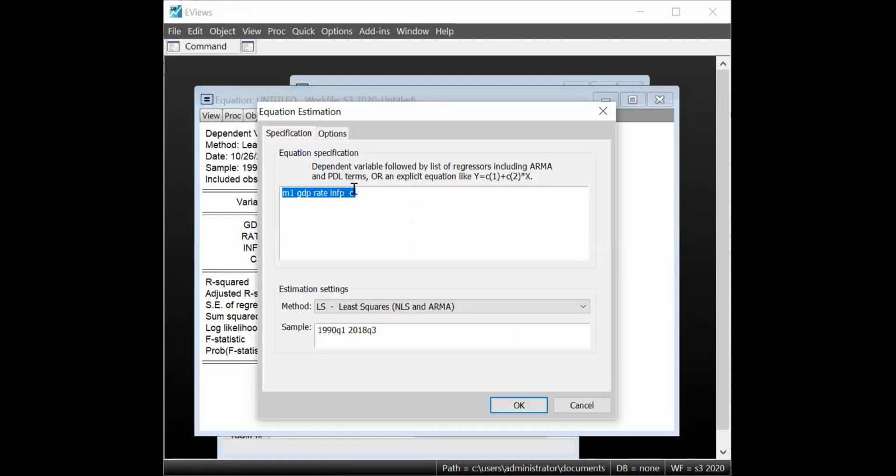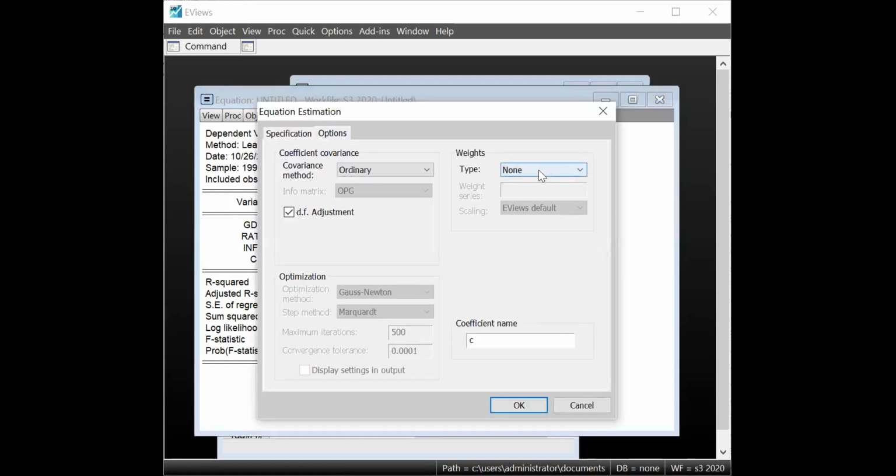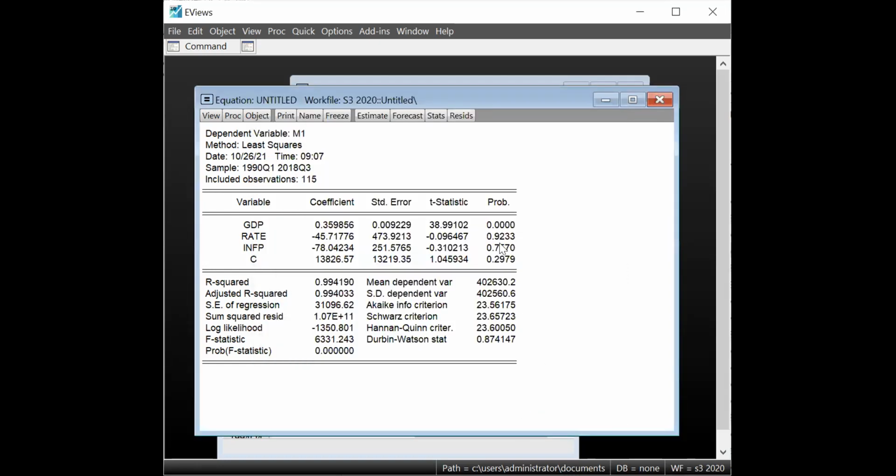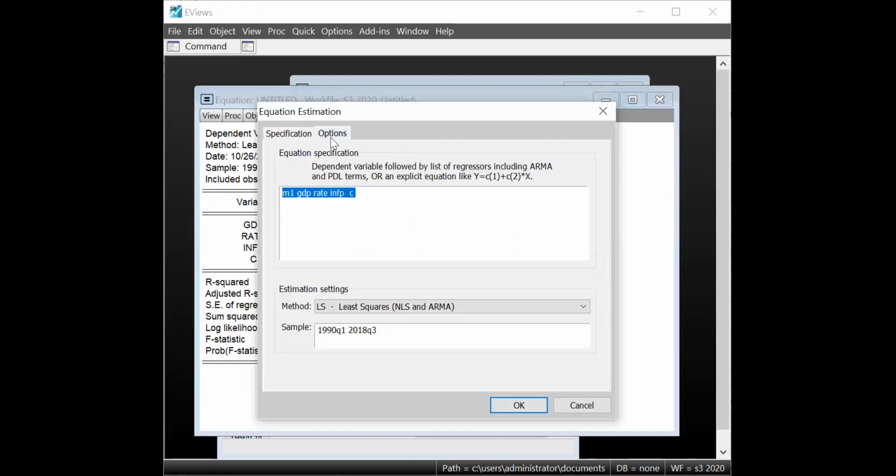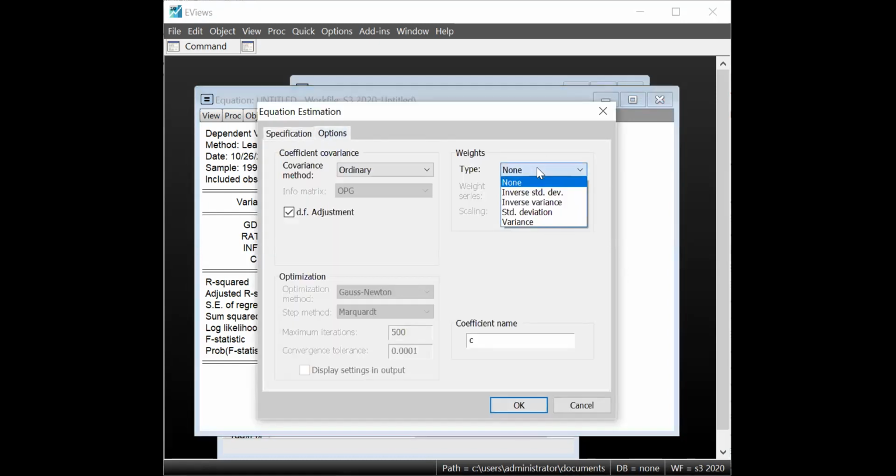For example, we change the option to standard deviations. You can use average here. Okay, same. We have first the standard deviations.